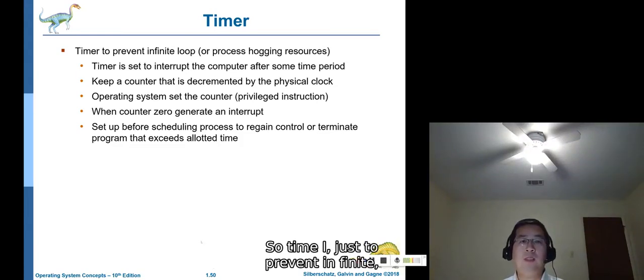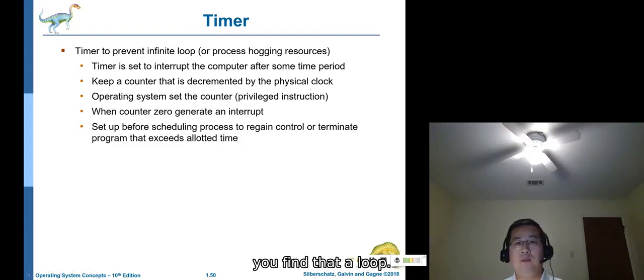So the timer is just to prevent infinite loops. For example, some process, due to code bugs in the program, may enter an infinite loop. So how can we stop or prevent these things?